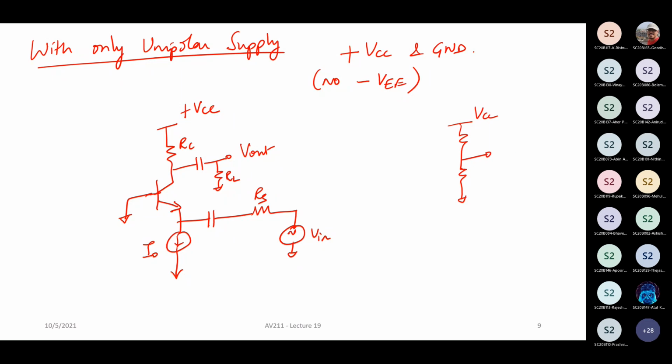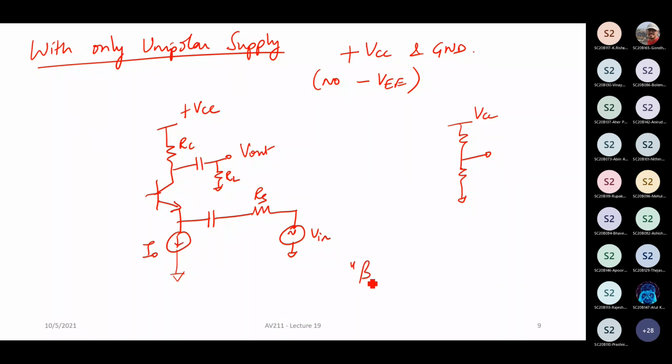Anything you tap between will be only positive voltage, right? Sir, we can increase VCC and put some positive voltage at base and ground the emitter. This will work, I thought. Very good. That's it. So you can leave the same VCC here, and instead of doing this, you ground it here. See, when we say a common base and the base is grounded, what we basically mean is that it is an AC ground. Okay.